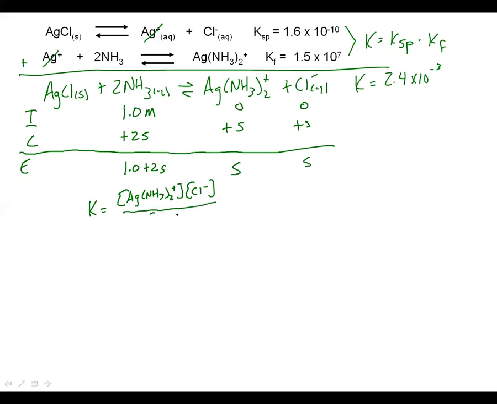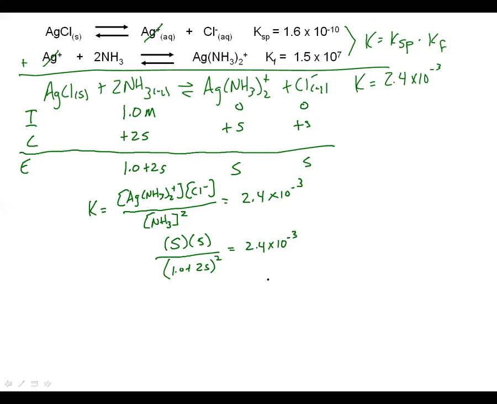And don't forget, there is a 2 in front of that NH3, so we do need to square it. It's going to equal our combined K value of 2.4 times 10 to the minus 3. If we put our values in, that is S times S divided by 1 plus 2S squared equals 2.4 times 10 to the minus 3.